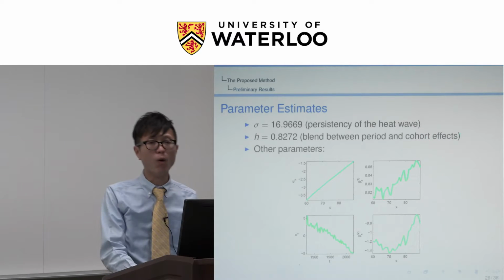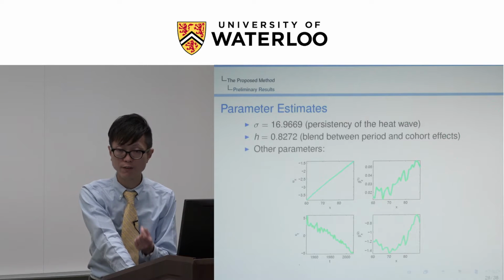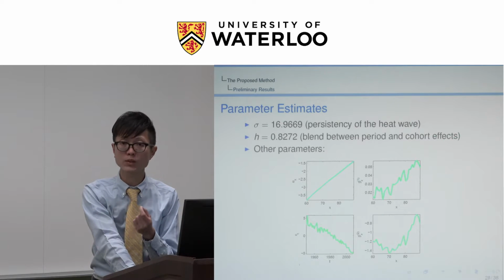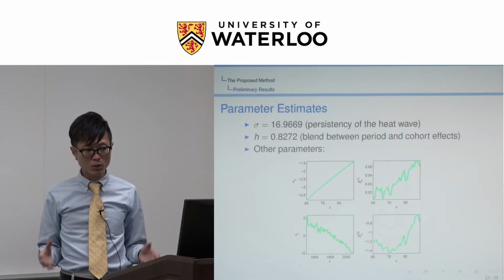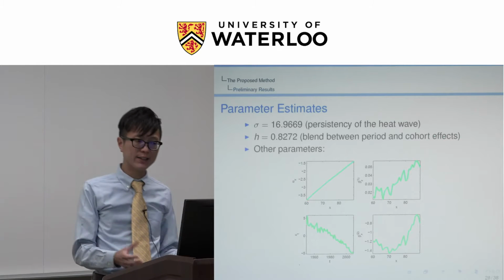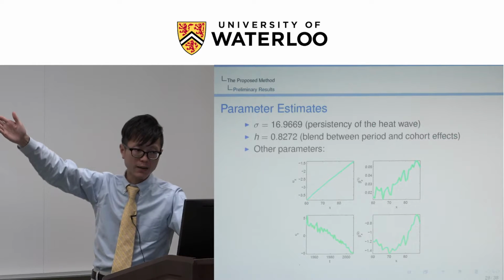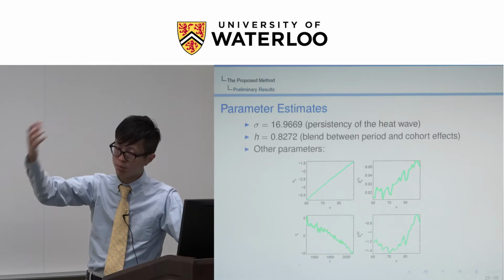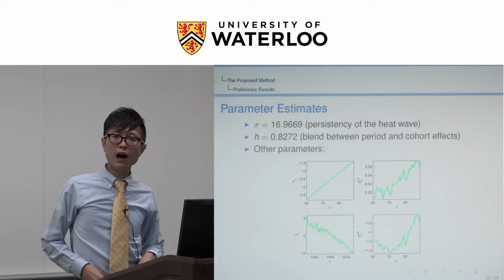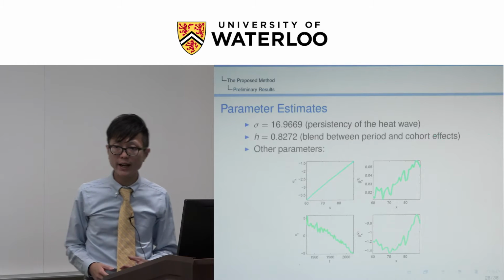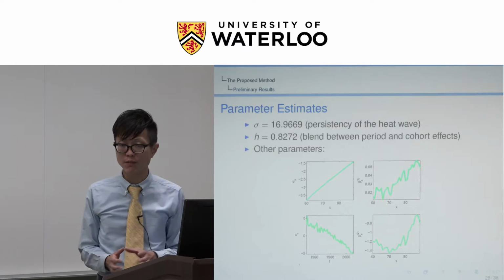As you may recall, the value of the normal density function reduces to almost 0 at two standard deviations. So based on this parameter estimate, we can conclude that the transitional phase is approximately 2 times 16.9, which is approximately 34 years. And we have an estimate of h being 0.82 something.